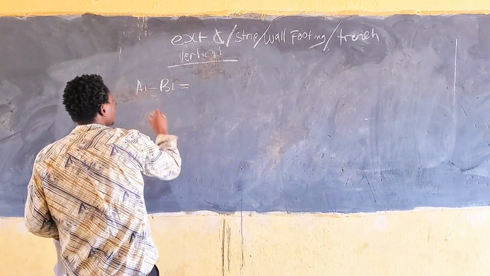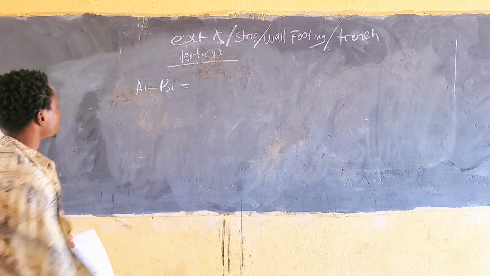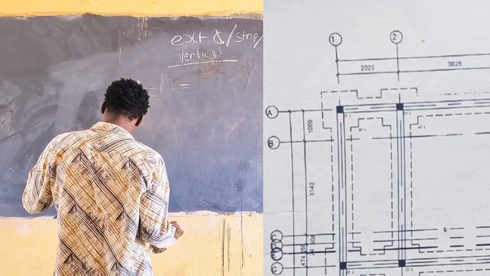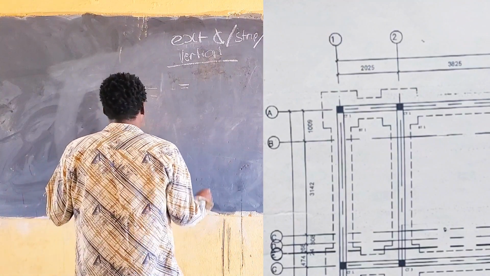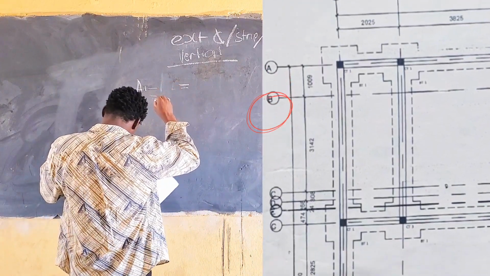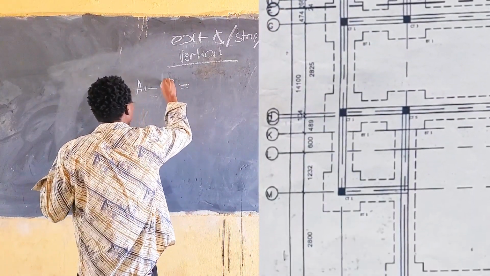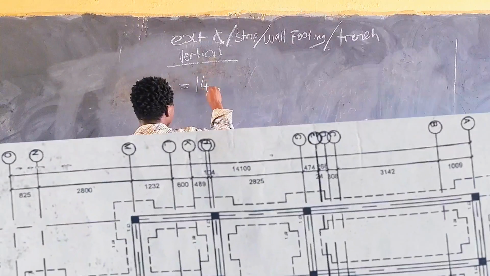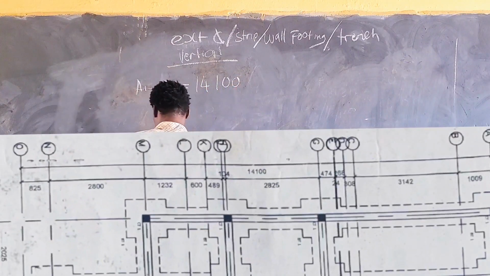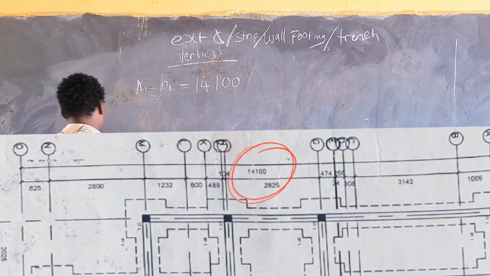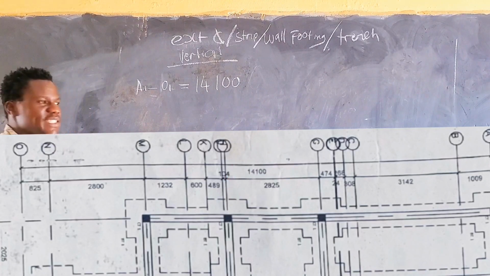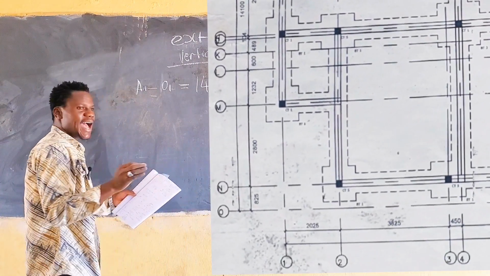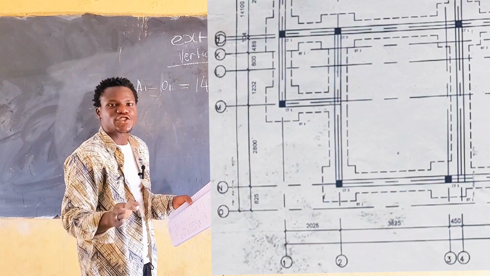So A1 to O1 is equal to 14,100. Then, if you look at it, you'll see that from O to N there isn't any strip there.